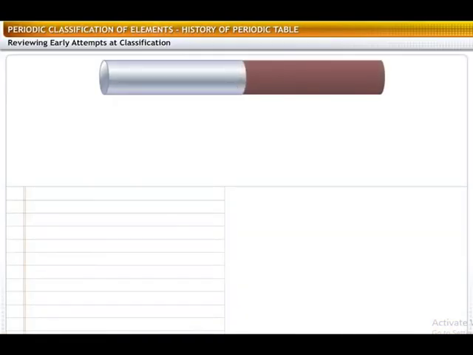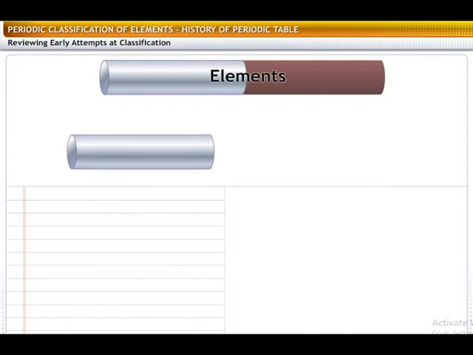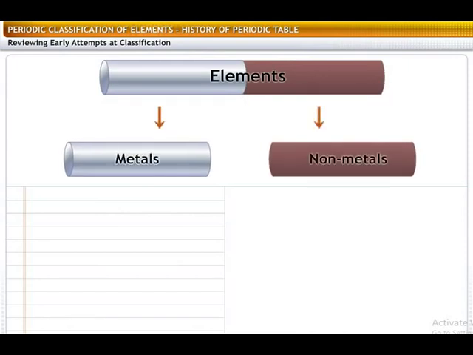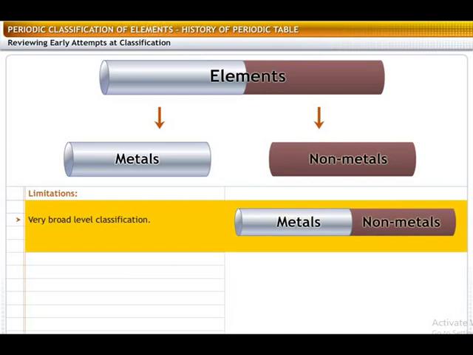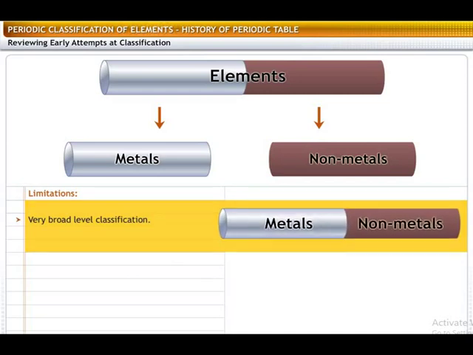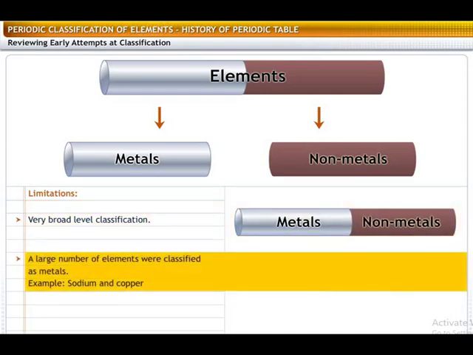The earliest classification categorized elements into metals and non-metals. However, this classification served only limited purpose because of the following reasons. The classification was at a very broad level. A large number of elements were classified as metals.